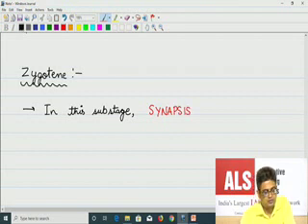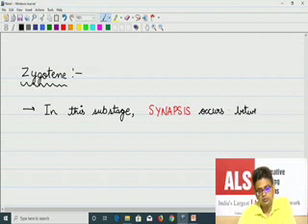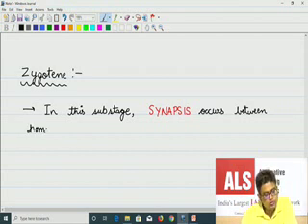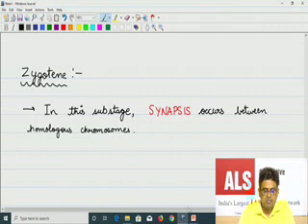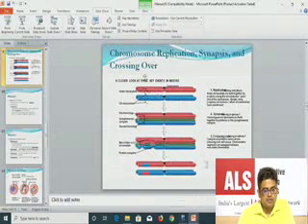Synapsis occurs between homologous chromosomes. Synapsis will happen. And what is exactly happening in synapsis? This process is happening.